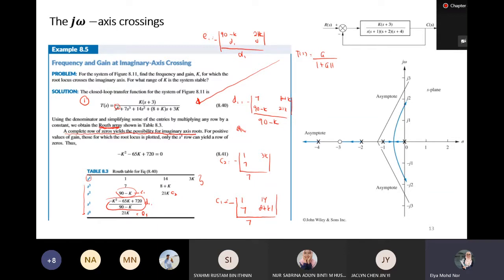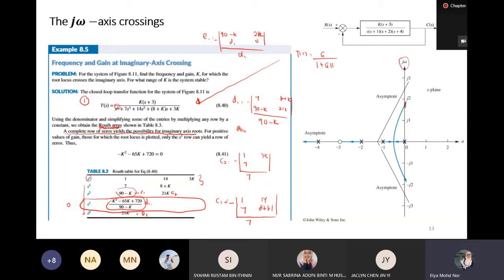For positive values of gain, those for which the root locus is obstructed, only the S1 row can now give a complete row of zeros. So we are looking at S1 here. If we get a complete row of zeros, that means in the root locus it is actually crossing the J omega axis. So you can look back at the theory in chapter 6.